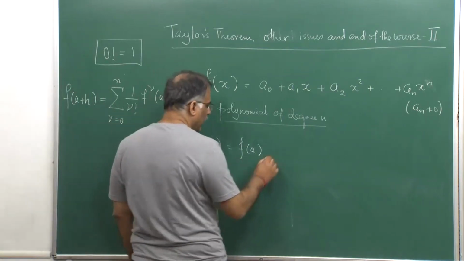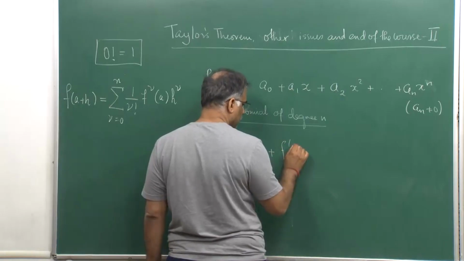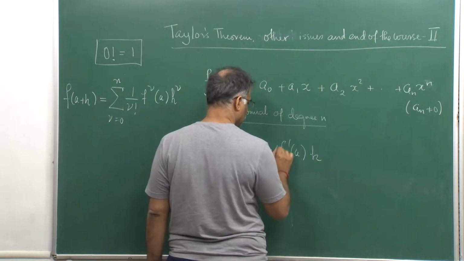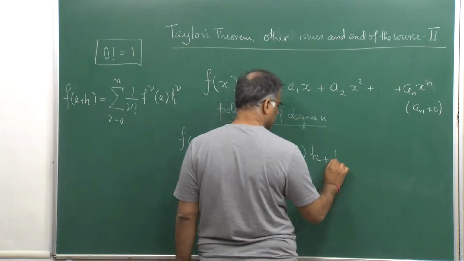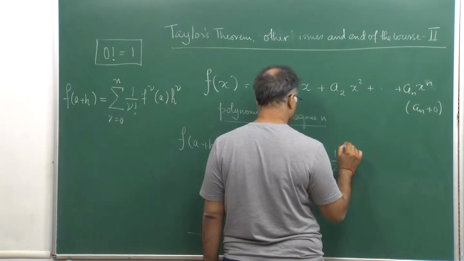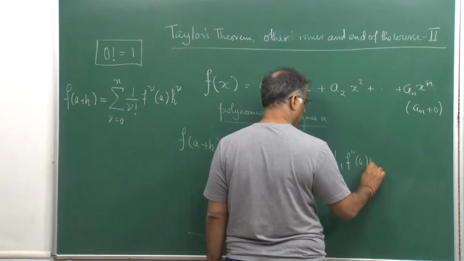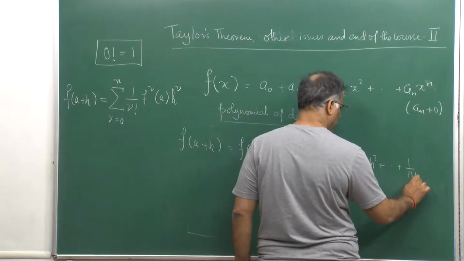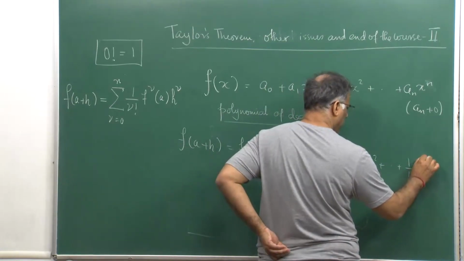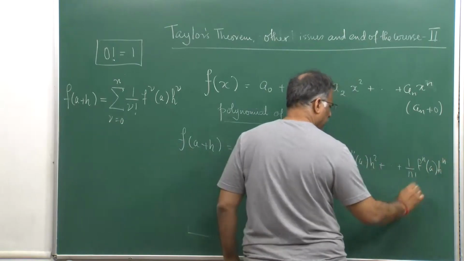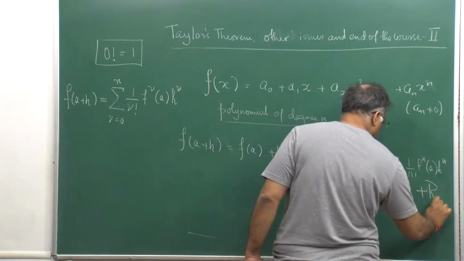So, he said okay, you will have this one factorial plus this part plus Rn, a remainder term.